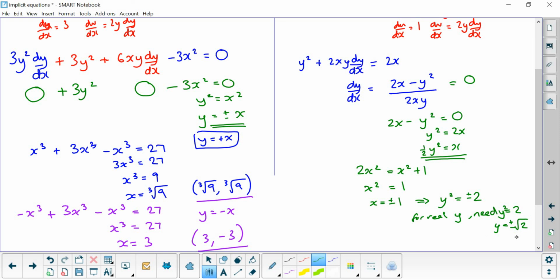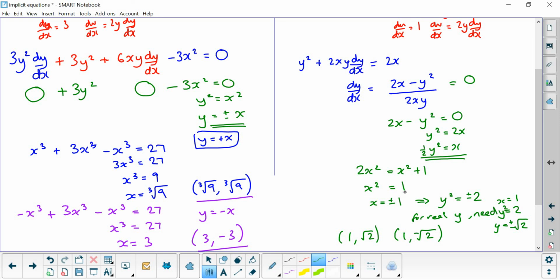So our coordinates are going to be, we want only the positive one. Okay, so we've got the x coordinate is 1 and the y coordinate is root 2. And we've got the x coordinate is 1 and the y coordinate is minus root 2.